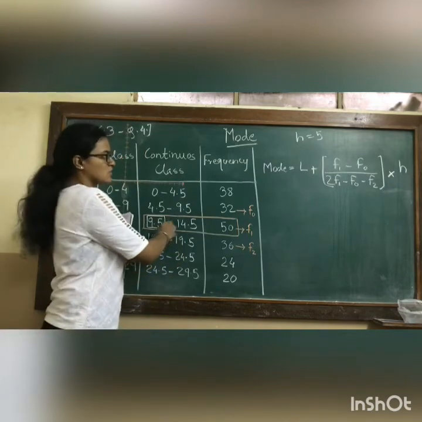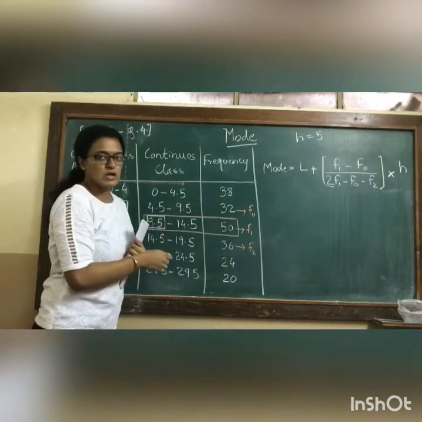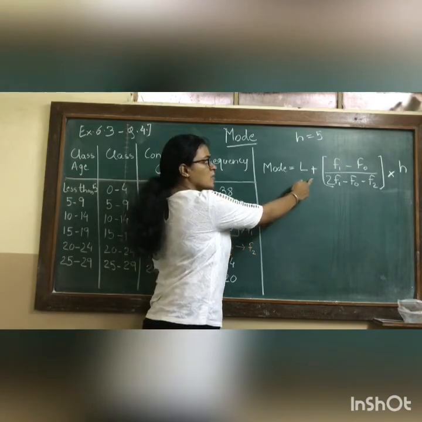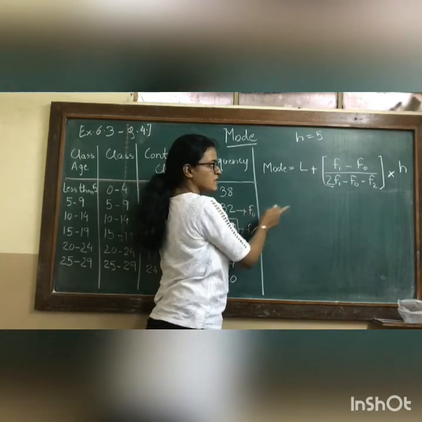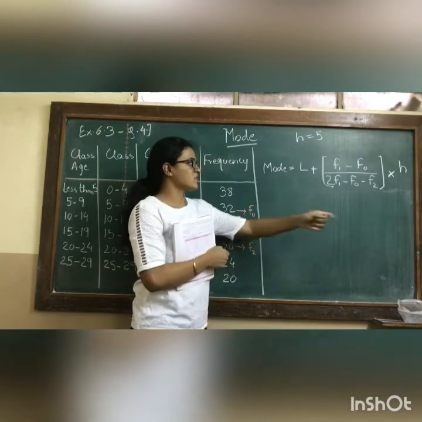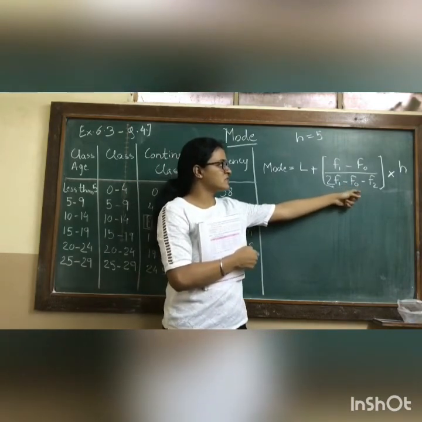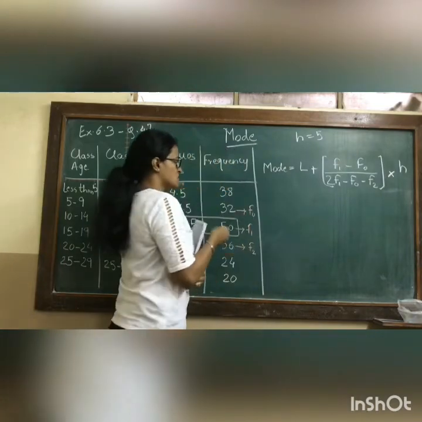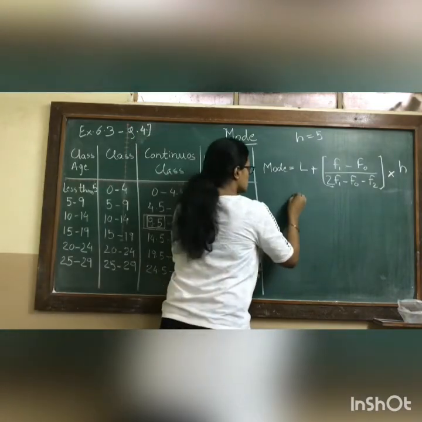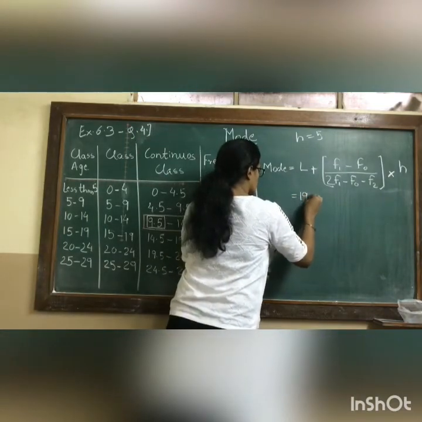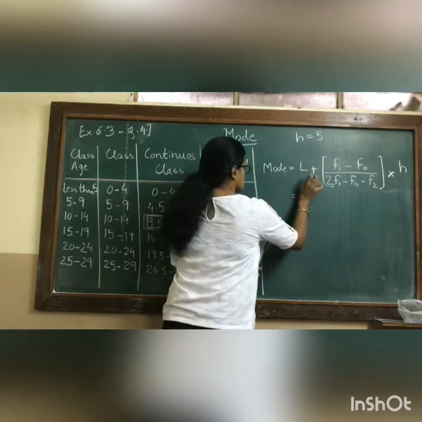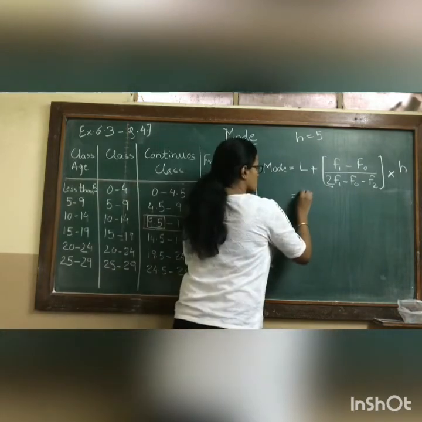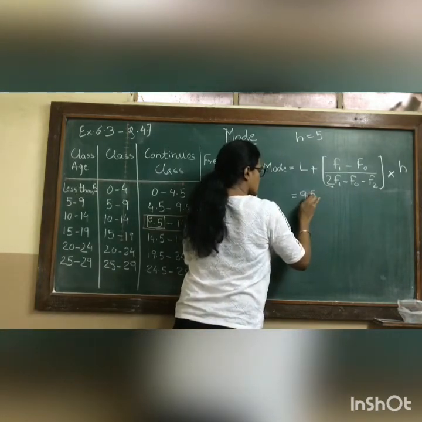So let's substitute all of these values in the formula. Remember the formula, mode is equal to L plus F1 minus F0 upon twice of F1 minus F0 minus F2 into H. Let's just substitute the values. L is 9.5.